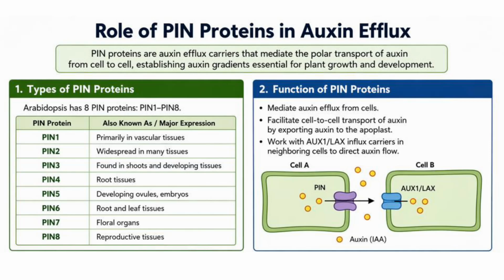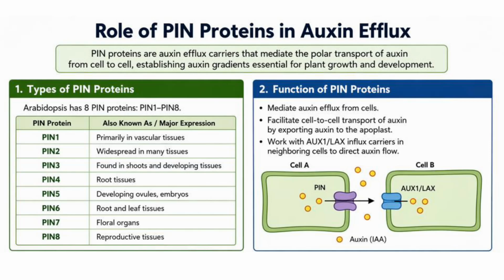They export auxin, the orange circles, IAA, into the apoplastic space between the cells. On the receiving side, cell B, AUX1/LAX influx carriers import the auxin into the cytoplasm. From there, it will be handed off again to PIN proteins on cell B's membrane, continuing the directional relay.